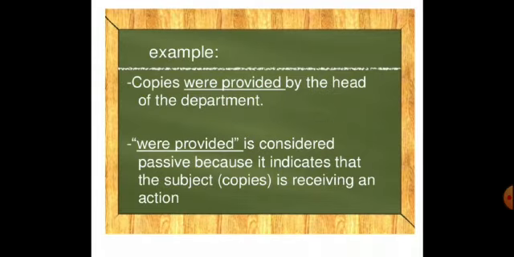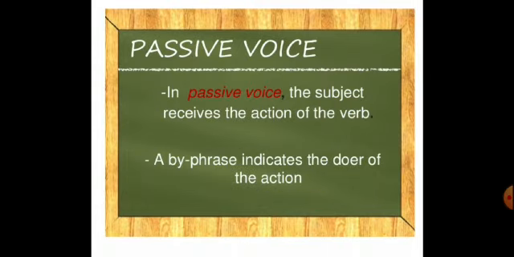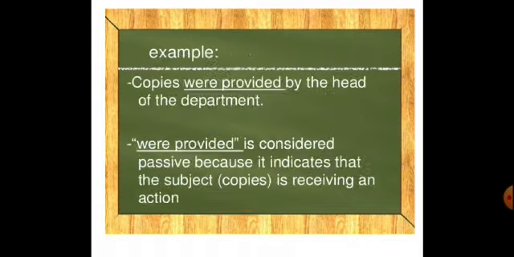Okay? For example, copies were provided by the head of the department. Look at by the head of the department. This is the meaning of a by phrase: it indicates the doer of the action. So when I say here copies were provided by the head of the department, were provided is considered passive because it indicates that the subject, the copies, is receiving an action.